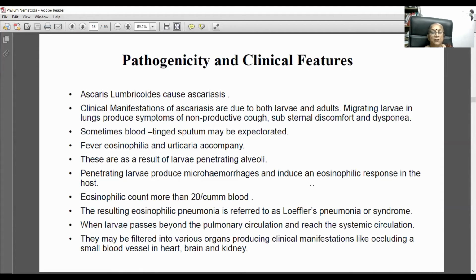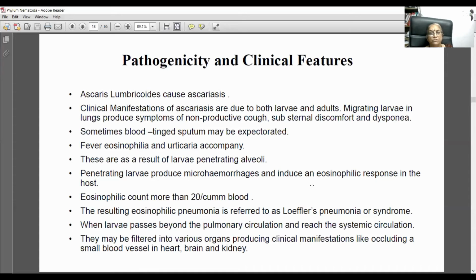In pneumonia, there are certain changes taking place in the lungs. The alveoli are broken, blood is oozing out, fluid is formed, so the lungs become heavy and inflamed.